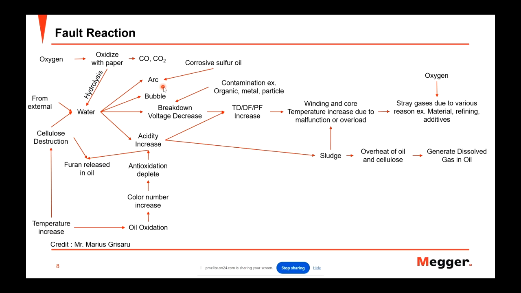Arcing also creates heat, and heat can also create gases inside your transformer when it's discharged and oxidizes the insulation oil or the paper inside your transformer. Bubbles, acidity increasing, sludge. All these things can yield one way or another to the end result as the gases.